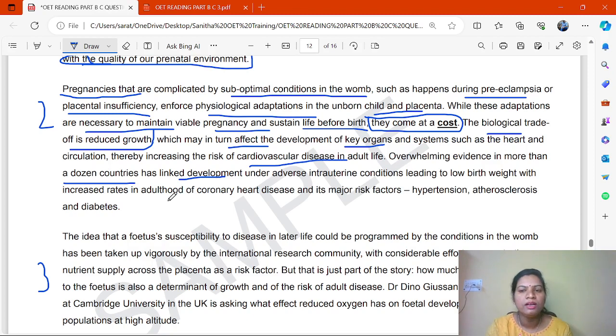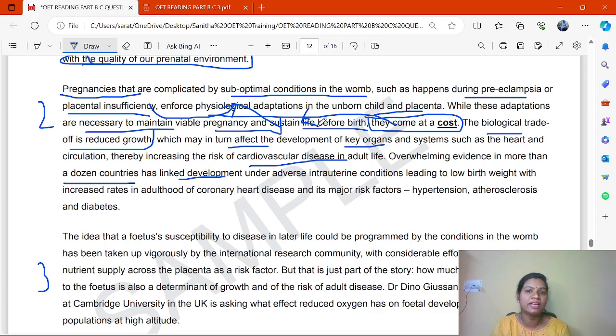Okay, what is the cause reference here? Pregnancies that are complicated by suboptimal conditions in the womb, such as preeclampsia or placental insufficiency, then the womb does some physiological adaptation to sustain the life before birth, and that comes at a cost.